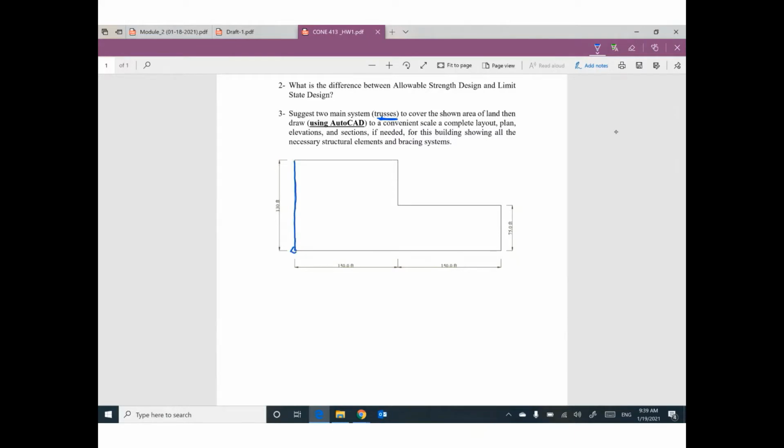We should have a column here and another column there, and the truss will be in between. So the total span of this truss will be 130. It will cover this main system, will cover this area of land until this boundary. So we have columns at these edges.